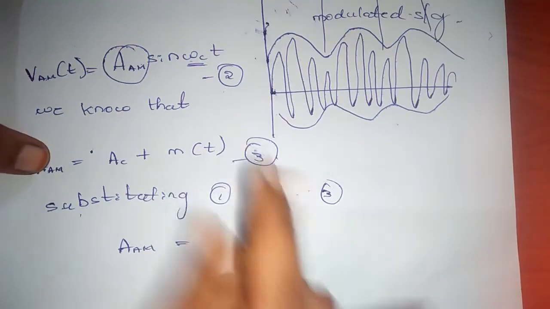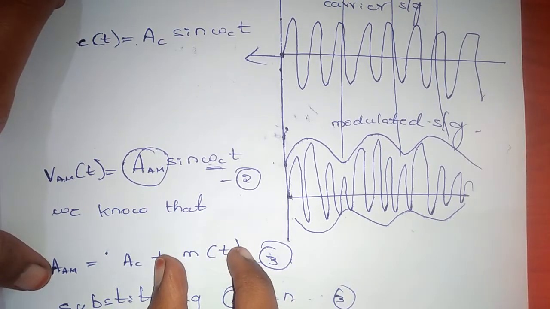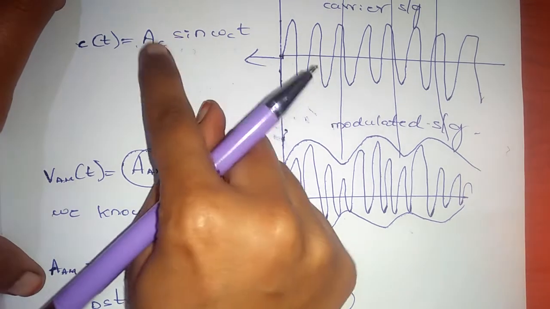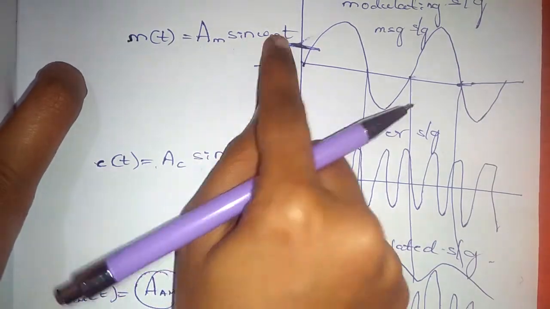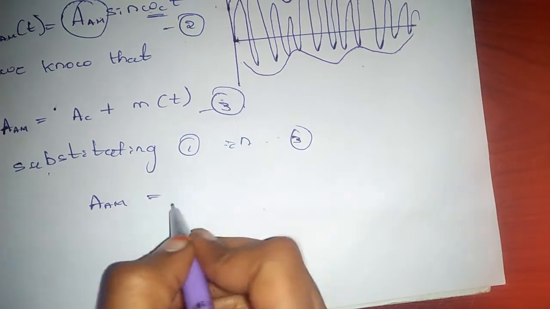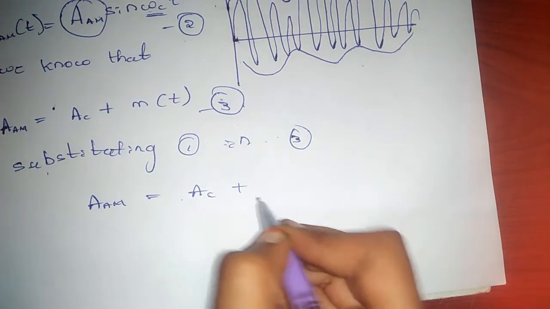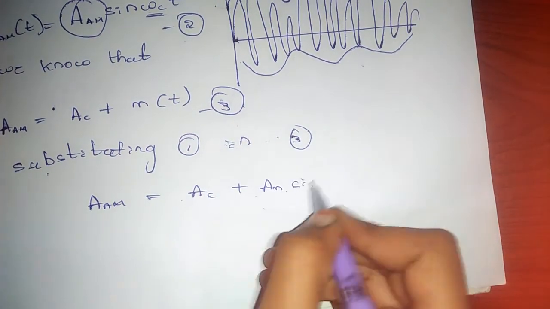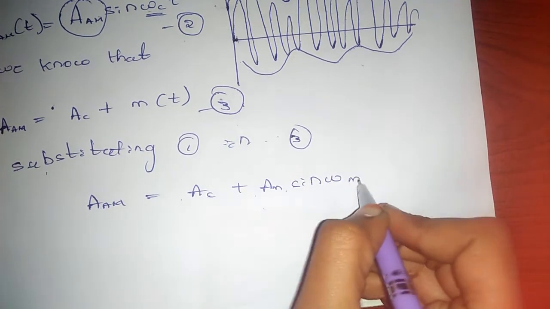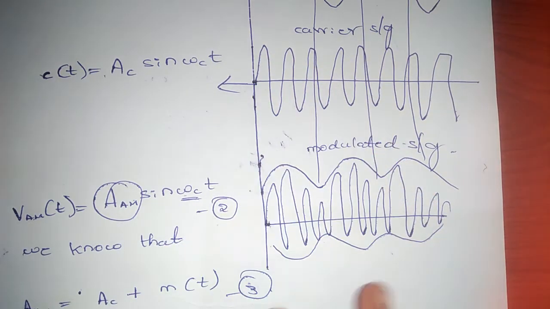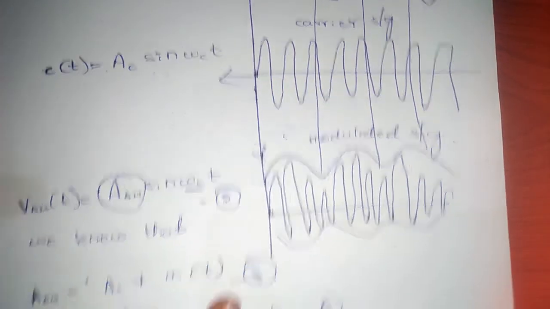Here I am doing nothing but replacing m of t with Am sine omega m t. Nothing other than that. For you to understand in a good manner, I am telling you the equations 1, 2, 3. Don't get confused.